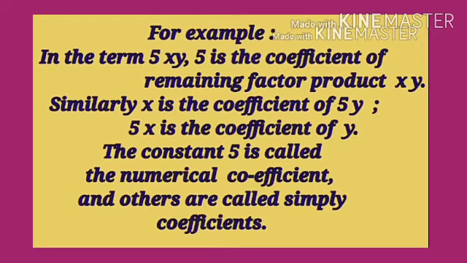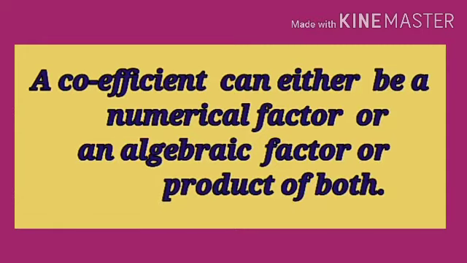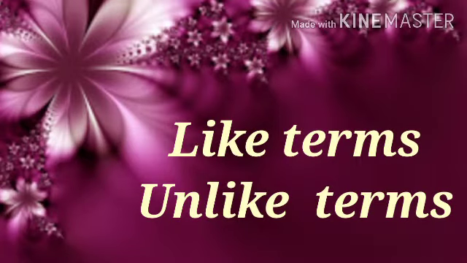Similarly, x is the coefficient of 5y. 5x is the coefficient of y. The constant 5 is called the numerical coefficient and others are called simply coefficients. A coefficient can either be a numerical factor or an algebraic factor or product of both.